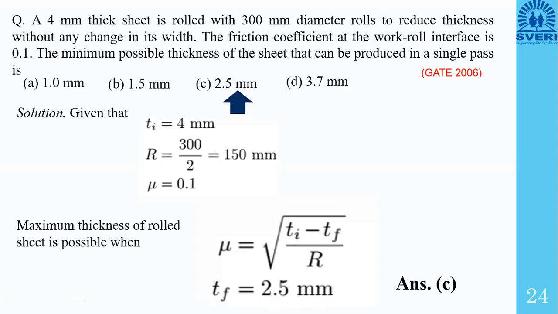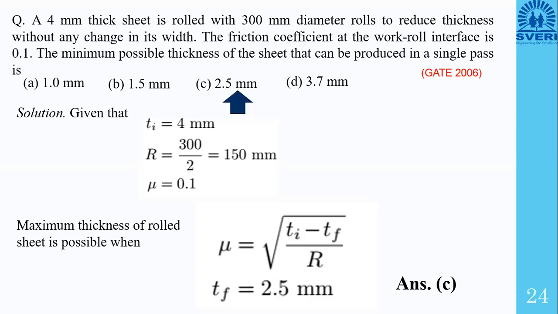In previous examples, Ti, Tf and R are given to us, and we have to calculate either strip length, mu or theta. But in this example, they have given us the coefficient of friction value. Ti is given, roll diameter is given.